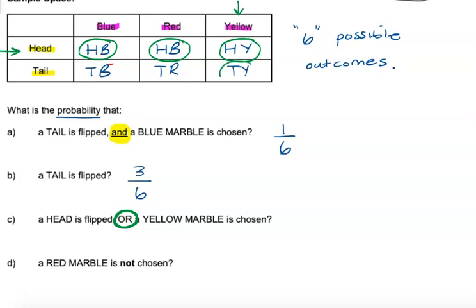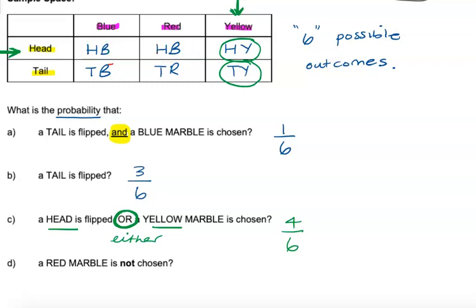So I'm going to circle the ones that I haven't circled already that also involve yellow. So we can see here that we have circled 4 out of the 6 possible outcomes, because "or" means either a head is flipped or a yellow marble. So we're looking along the row that's to do with a head on the coin and down the column that involves the colour yellow.